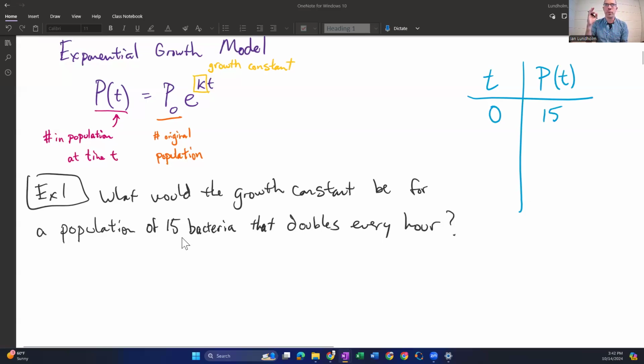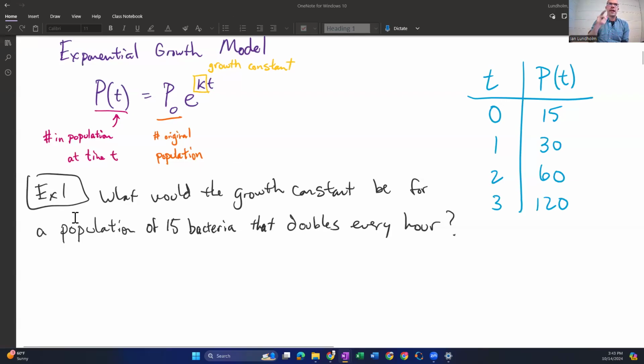Then, if we are doubling every hour, I could add on an hour here. I could double. I could add on an hour. I could double. That gives you a feeling for the rate of growth. What's cool about this is that the rate of growth is proportional to the size of the population at any given time.